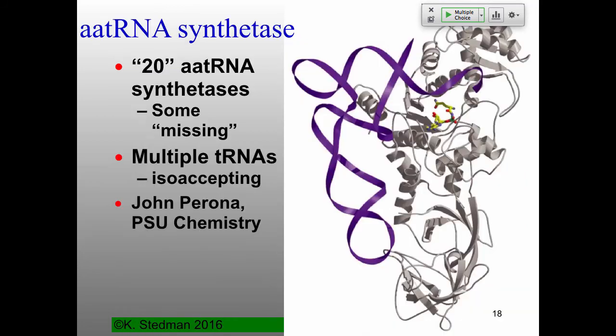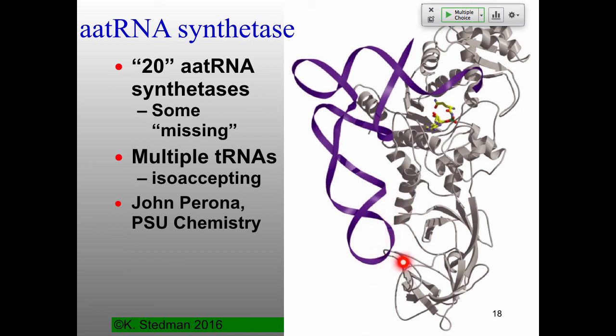Okay, so finally, how do you put the amino acid on? You do it through these wonderful enzymes called the aminoacyl tRNA synthetases. Really a rather large mouthful, but basically what these proteins do is they figure out what both ends of your tRNA are doing.